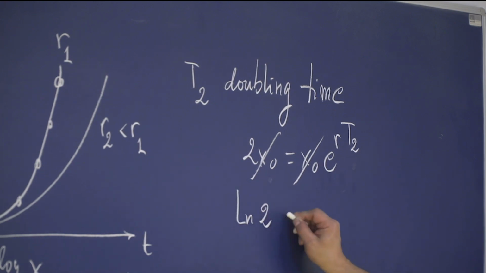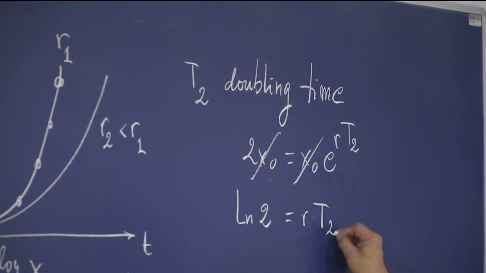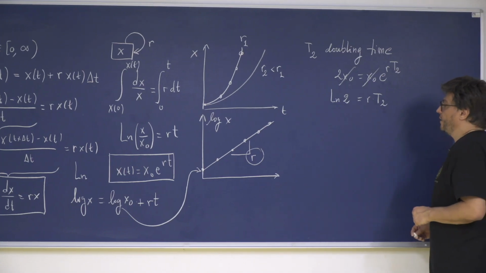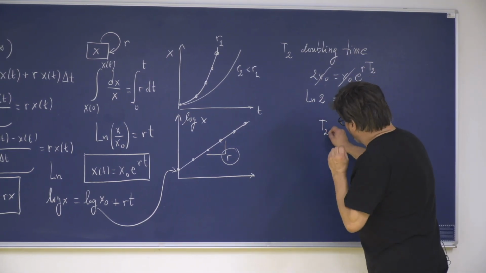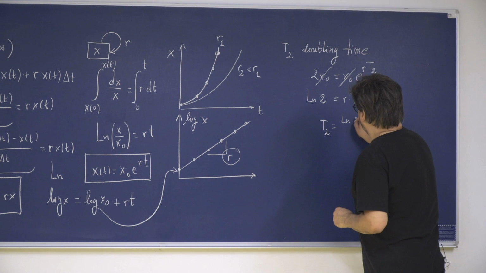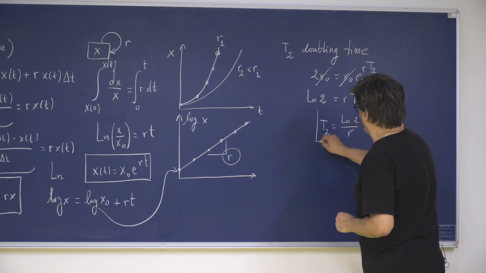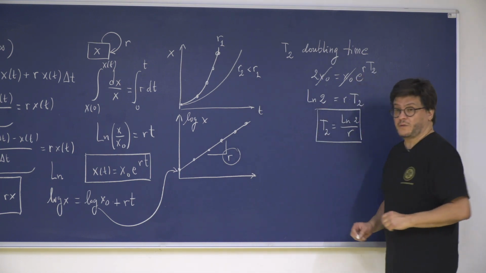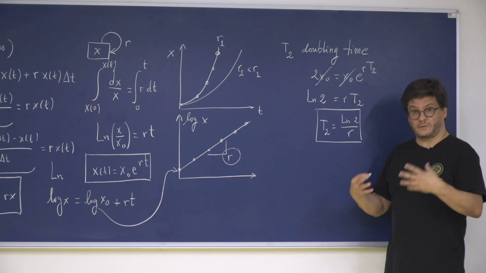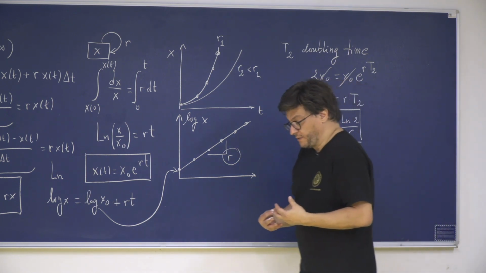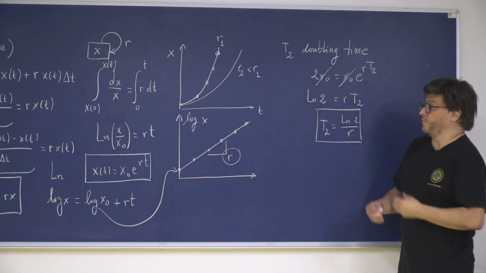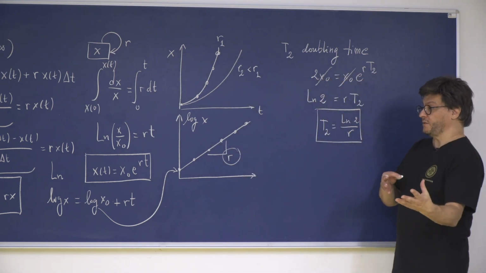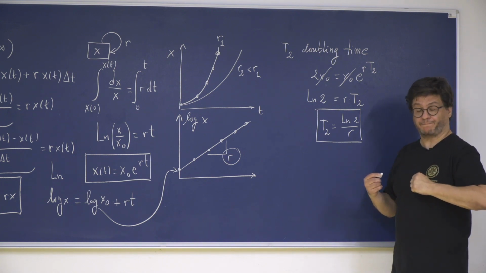If I take logarithms, I have the definition of the doubling time, which is a single number. I capture a lot of information about how quickly the population replicates. In a single number, I can weigh how that translates in terms of the total population.